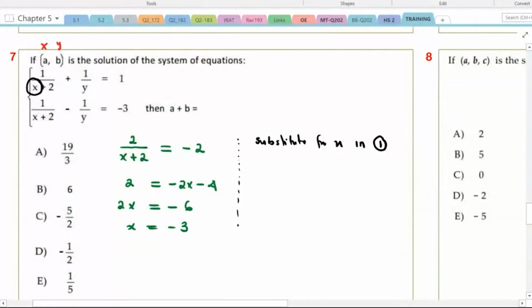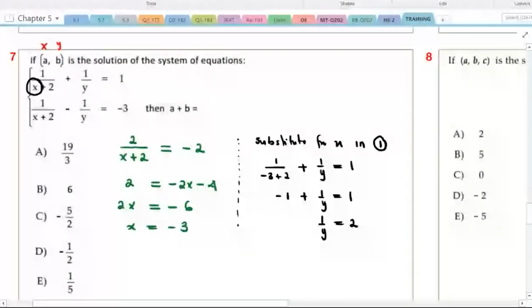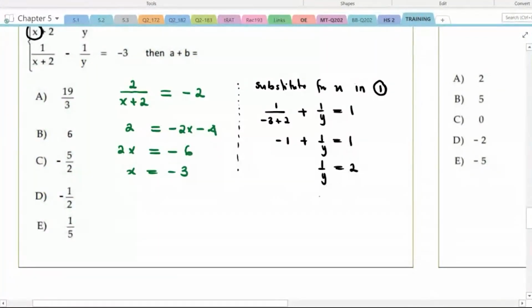Let's put -3 here. So we are going to get 1 over -3 plus 2, plus 1 over y, and that will be equal to 1. Let us simplify. -3 plus 2 is -1. 1 divided by -1 is -1. So we have -1 plus 1 over y, and that is equal to 1. So 1 over y, gentlemen, will be equal to 2. And when you take the reciprocal, it means that y is equal to 1 over 2.